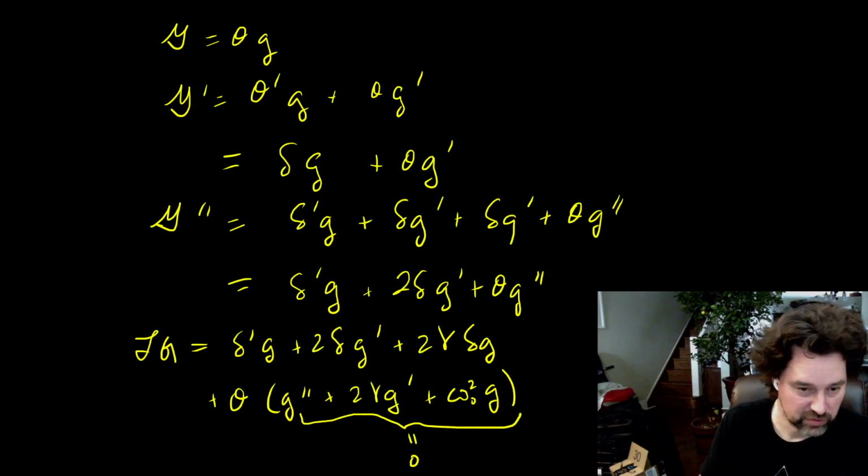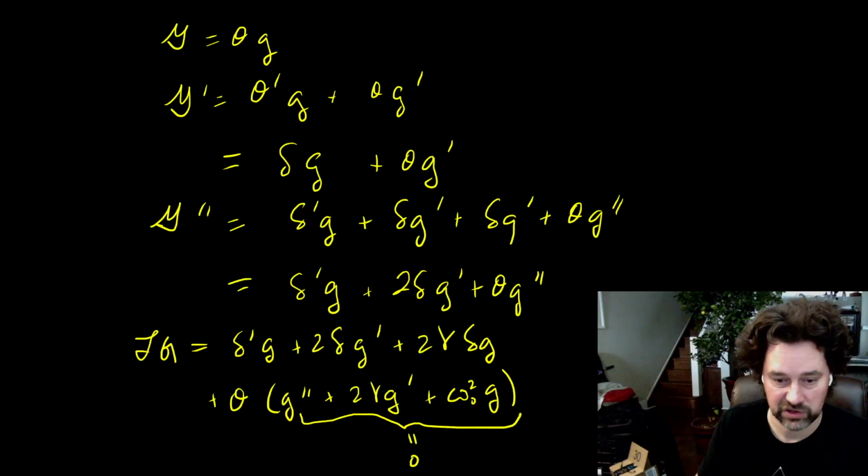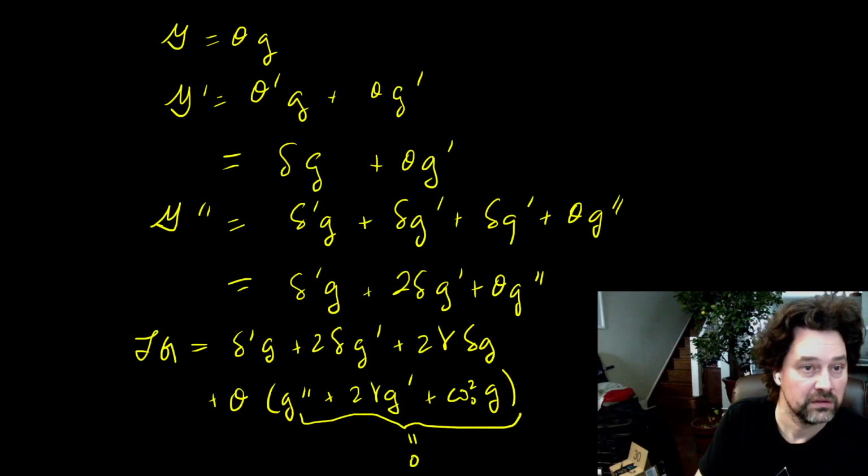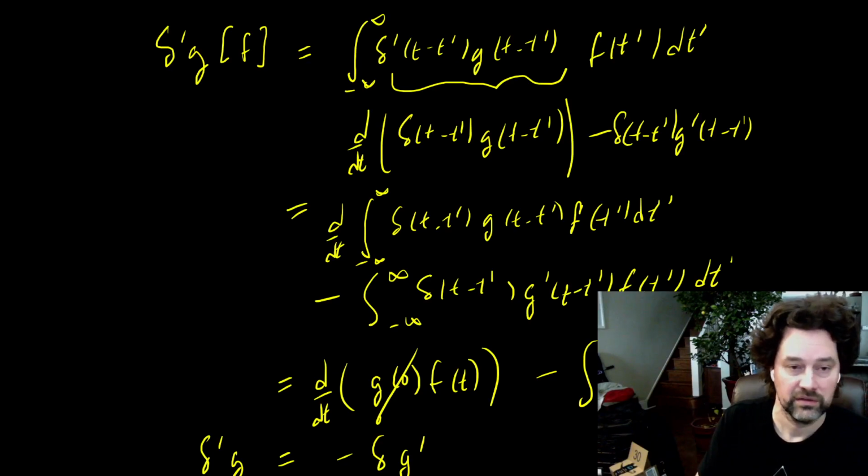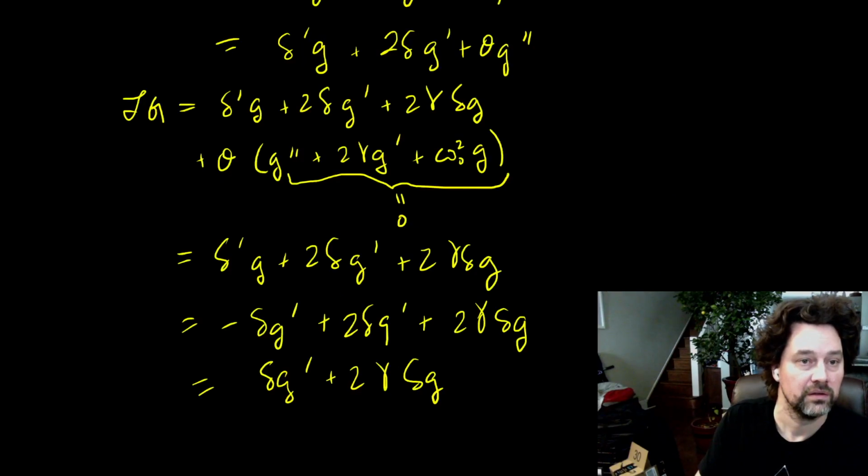Grouping our terms, we have 1 delta g prime plus 2 gamma delta g. And we've just seen that when we evaluated delta g with the test function f, we got 0 in this particular case. So this term here is 0, and we're left with LG is just delta g prime.